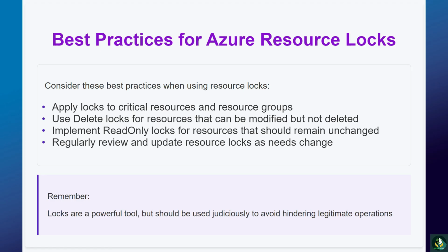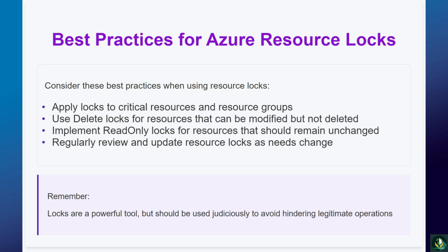Identify the assets that are essential to your operations or that contain sensitive data. These might include production databases, key virtual machines, or resource groups containing core infrastructure components. By prioritizing these critical assets, you ensure that your most valuable resources are protected against accidental deletion or modification.